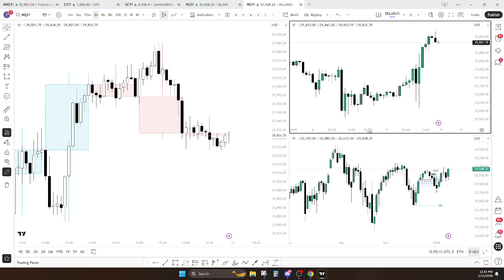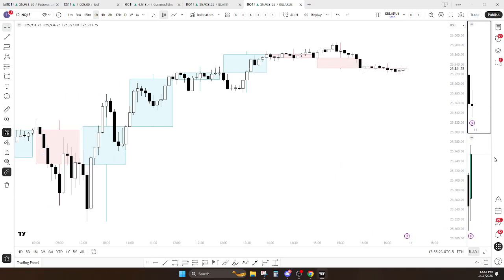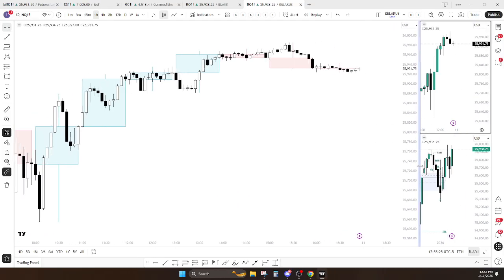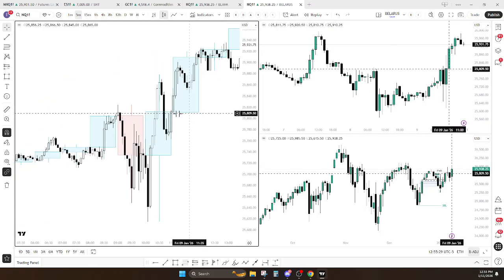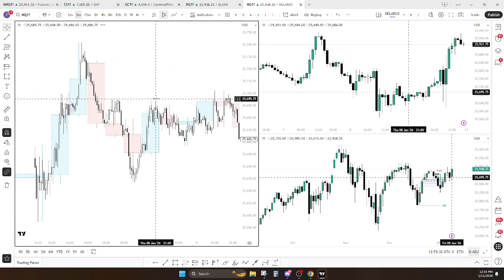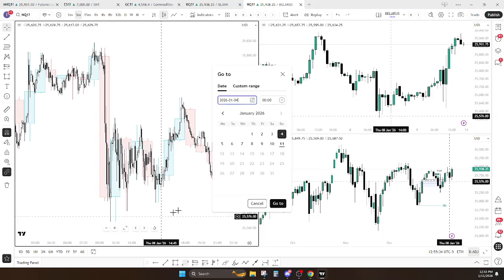These charts are already on those time frames. So now when we go to replay, we just drop down to all charts and it should replay all charts at the same time. What we'll do is we'll just close these higher time frames. We'll leave them like this. And when we need to refer to them, we can open it up a little bit. So I'm just going to replay to the 4th here.